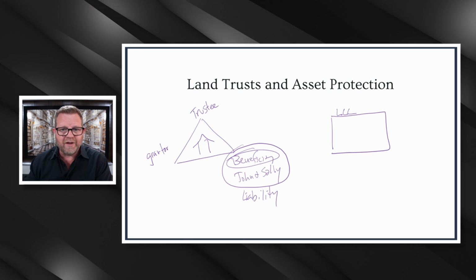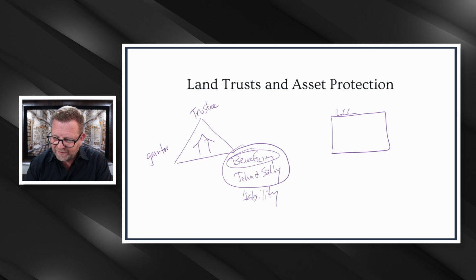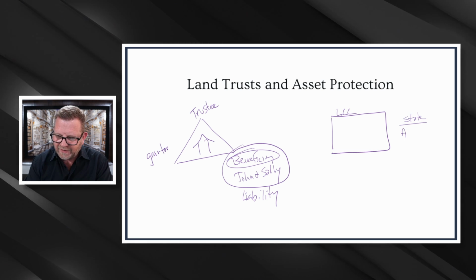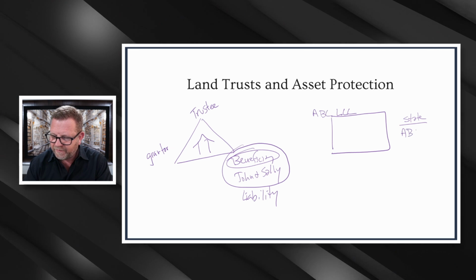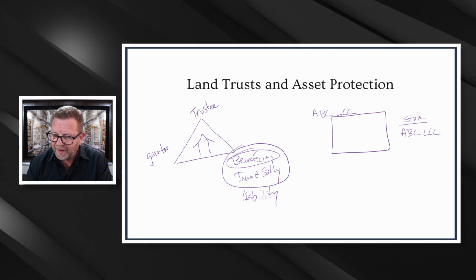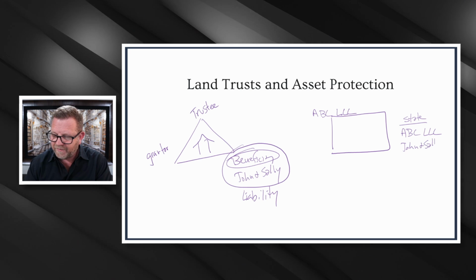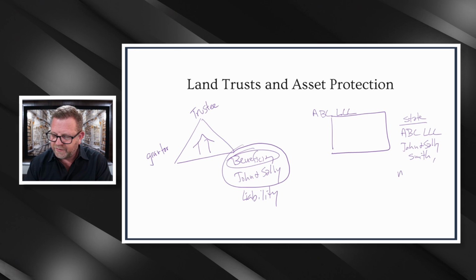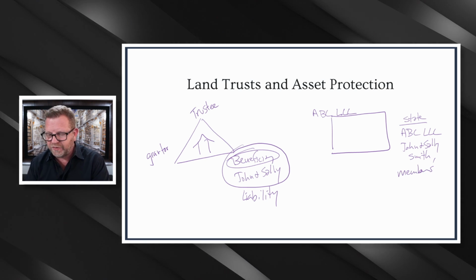quite often with this LLC, I can see who the owners are. So if I go to the state and I look at, let's say we used ABC LLC, I can see John and Sally Smith, members, or John and Sally Smith, managers, whatever your state.